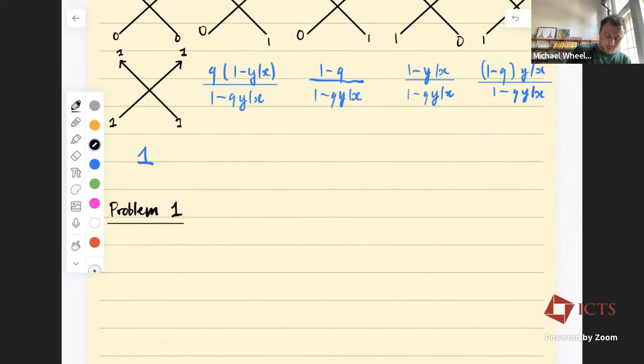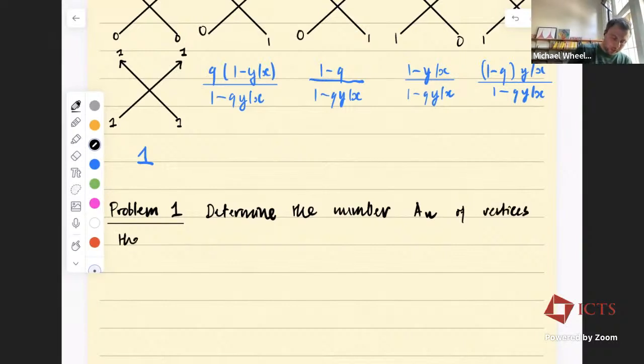The first part is to determine the number, I'll call it A sub n, of vertices that respect conservation in the general n model.